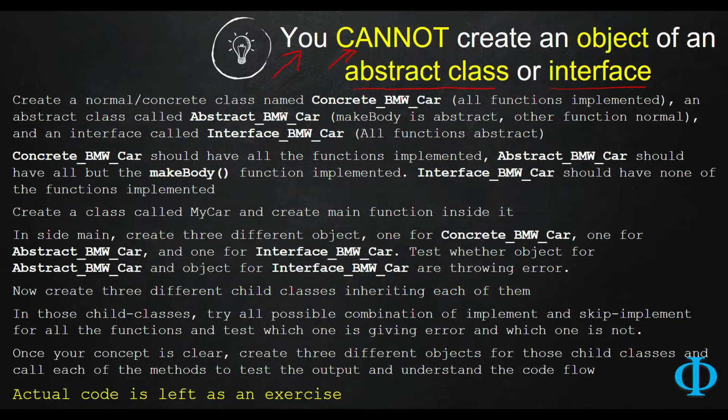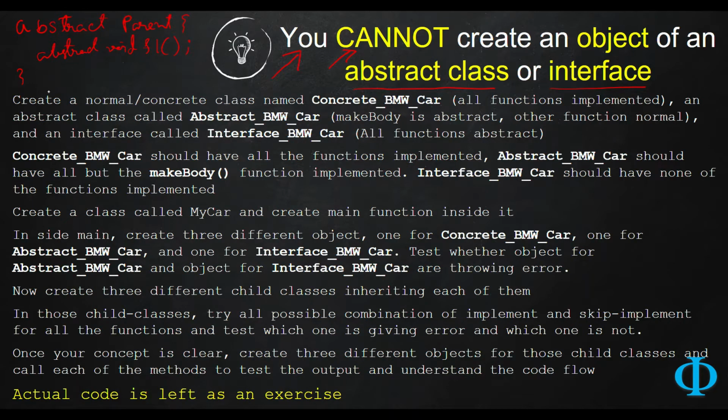For example, let's say there is an abstract parent class, and inside this parent class there is an abstract function, let's say f1, with no implementation. So inside an abstract class there is an abstract function.